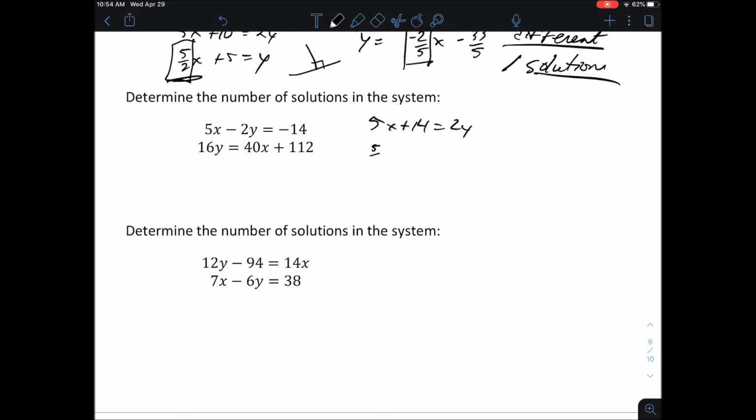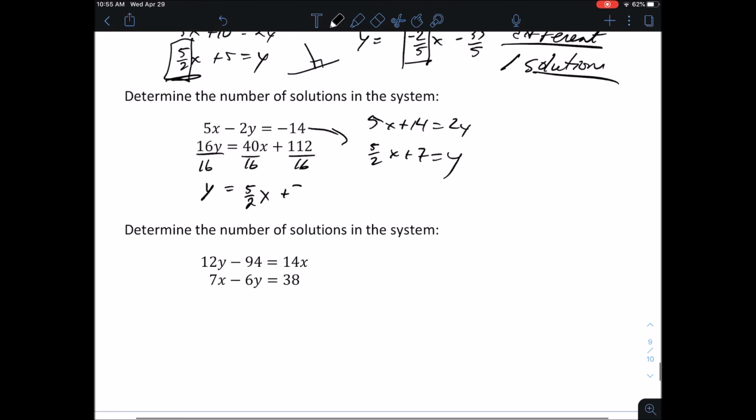All right, in the second situation, I'm going to have 5x plus 14 is 2y. Divide everything by 2. And that's my first equation. And now the next one, divide everything by 16. And I get y, 40 over 16.